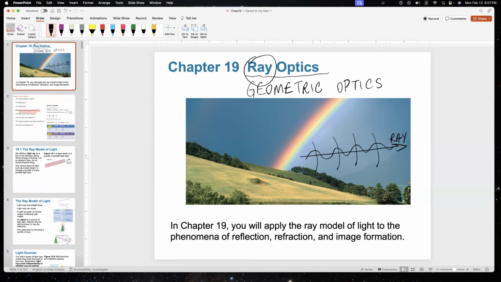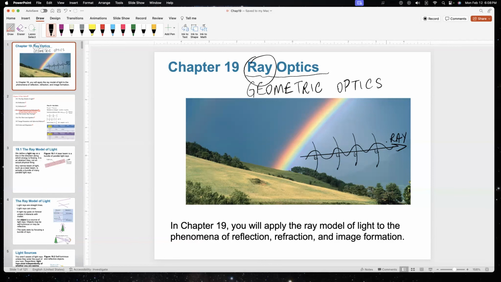It makes 90 degrees with the wave fronts here. When you connect all the wave fronts, that's a ray of light. So it's going to be a straight line. And when you have straight lines, you can start making triangles and doing some trigonometry. So it is geometric optics because we're basically going to use a lot more trigonometry once we just focus on what the rays of light are doing.